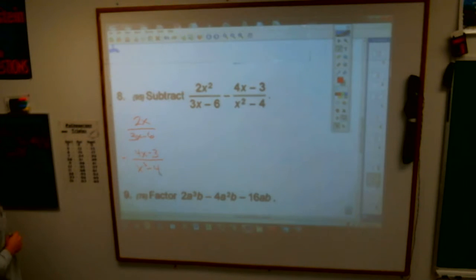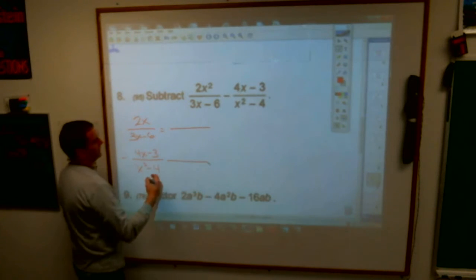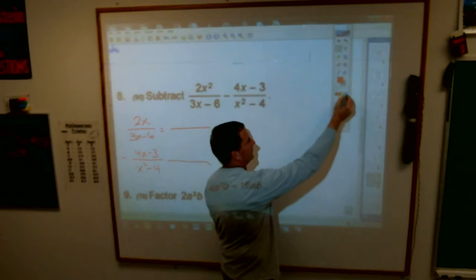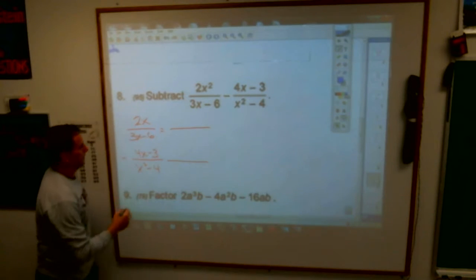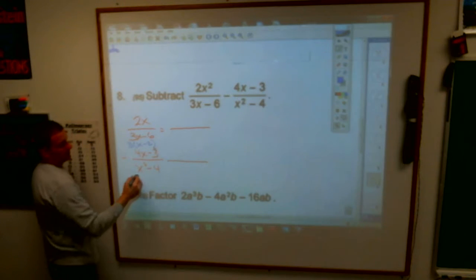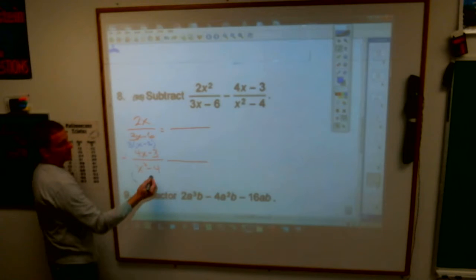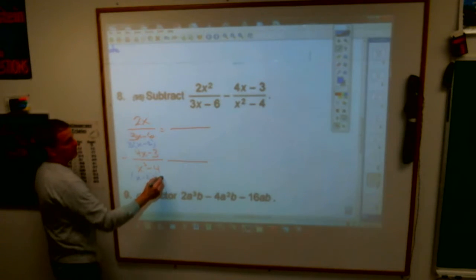Step number 1 is to factor the denominator so you can find your least common multiple. And factoring this, you end up with 3 times x minus 2, correct? X squared minus 4, that's a perfect square binomial, which breaks down to x minus 2 times x plus 2.